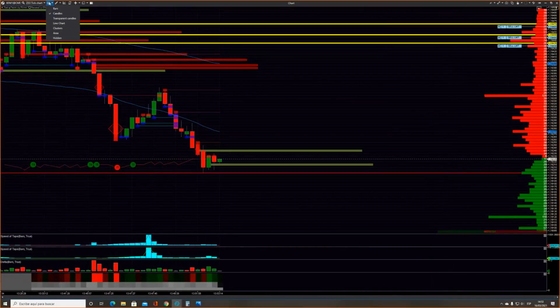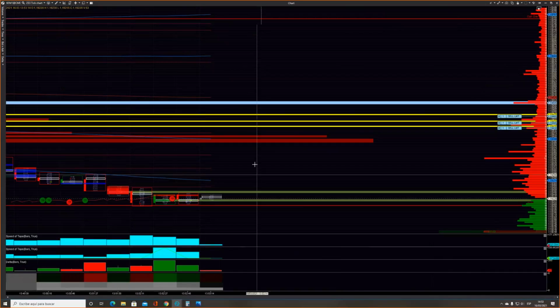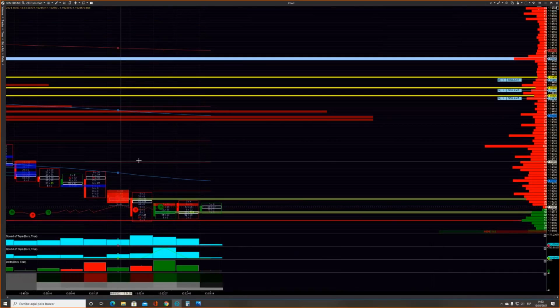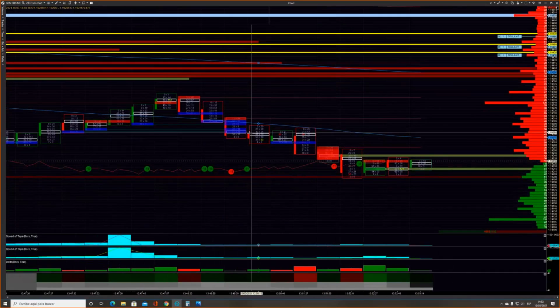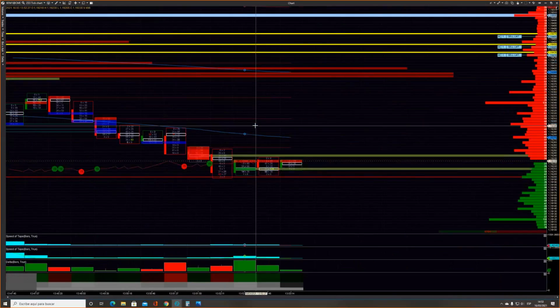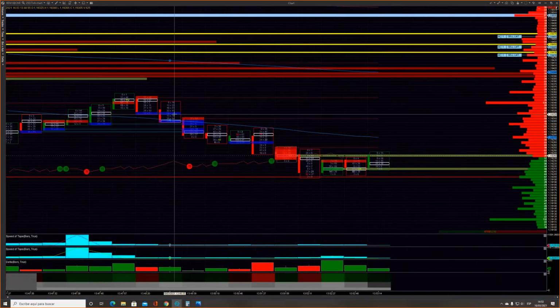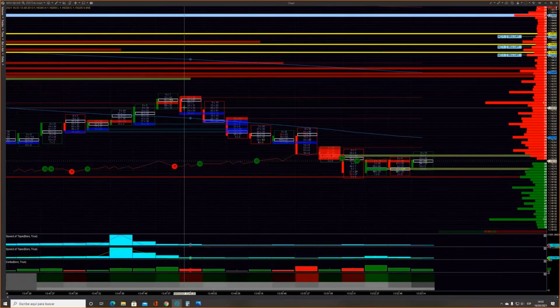Now let's get back to the clusters so we can see what's going on. If we were looking for another entry, another interesting area will be 47.